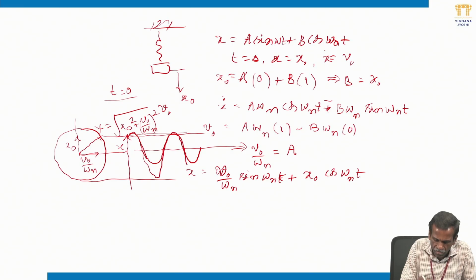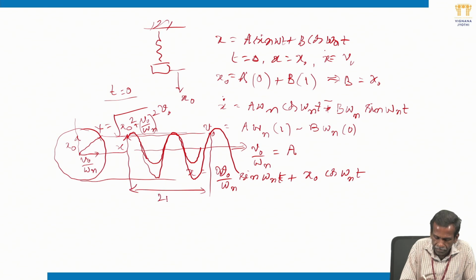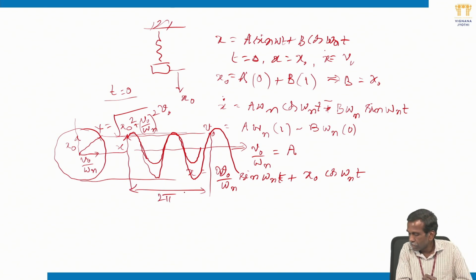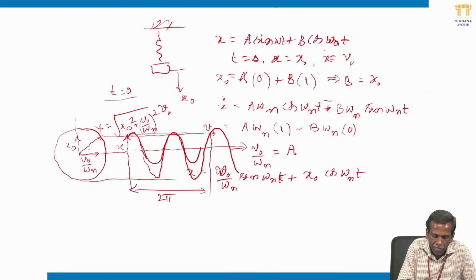One cycle means starting here and ending here, so this is 2 pi, one cycle. Are you able to understand? So the maximum is the square root of x naught square plus v naught by omega n square, with initial displacement x naught and velocity v naught given.